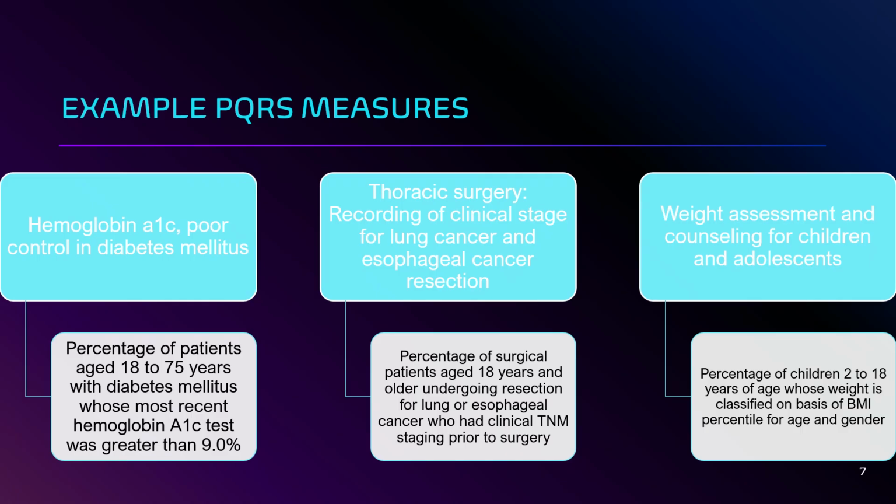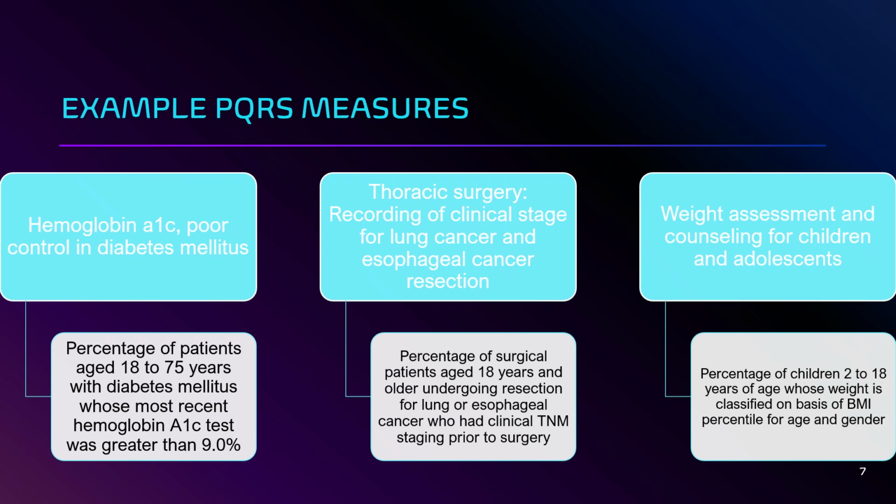PQRS quality measures. Let's take a closer look at what kinds of quality measures are actually used under the Physician Quality Reporting System, or the PQRS. These measures weren't abstract, they were tied to real conditions that providers manage every day.